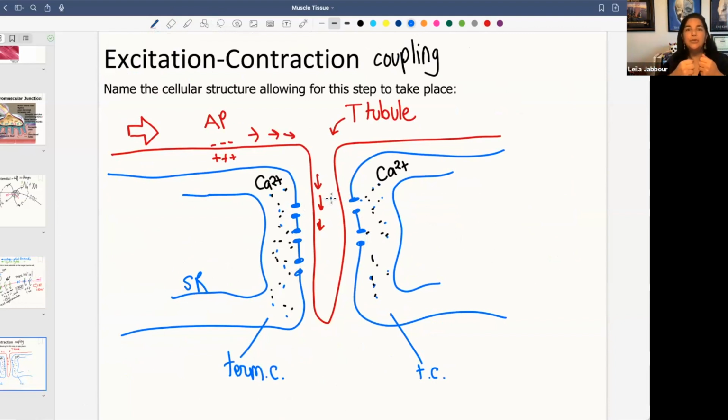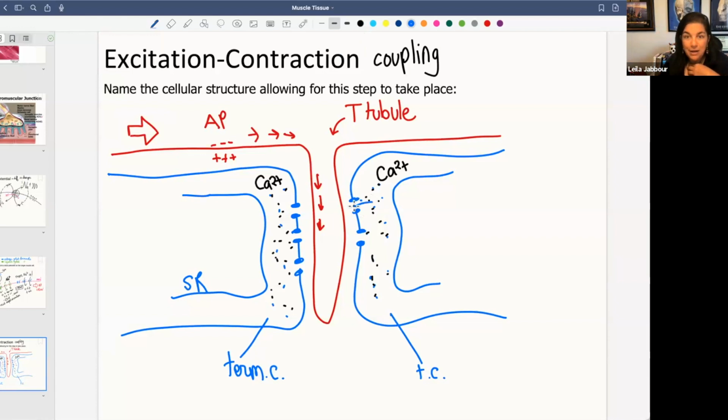Here's the action potential coming down the T-tubule. My analogy is that the action potential is taking the roller coaster ride down the T-tubule, and all of these voltage gated channels are so excited. There's this depolarization, and they are sensitive to voltage change. So like poof, they open up, and those voltage sensitive channels happen to be for calcium ions.